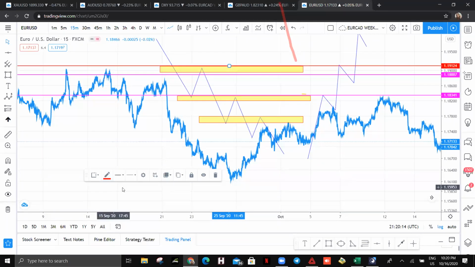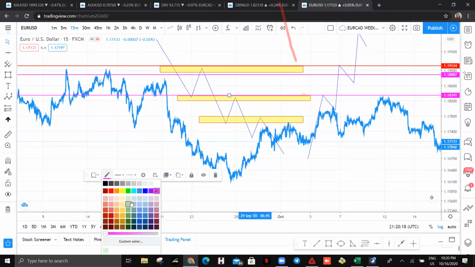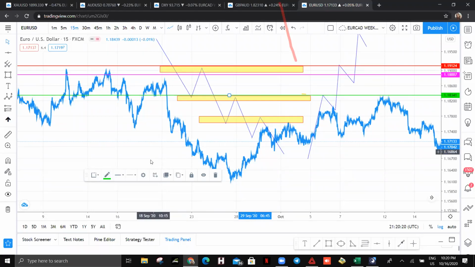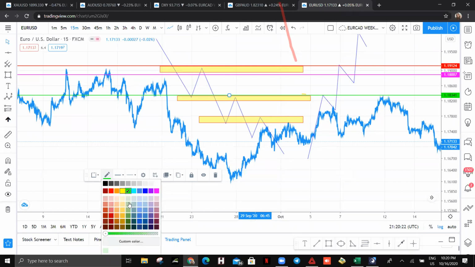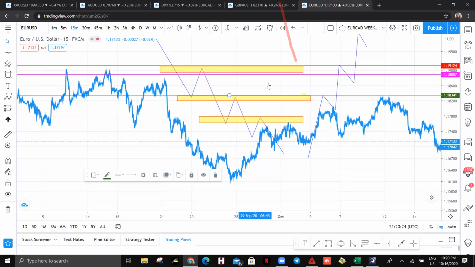Red line stop loss, green line take profit. Beautiful. Okay, now this red line is my stop loss, this purple line is my entry, and this green line is my what? Take profit. That is if I'm taking this trade as a downward trend.